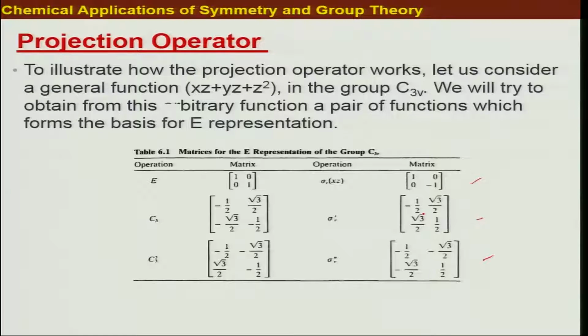So you get that particular element out, and then multiply that with the resultant of the symmetry operation on the particular arbitrary function.